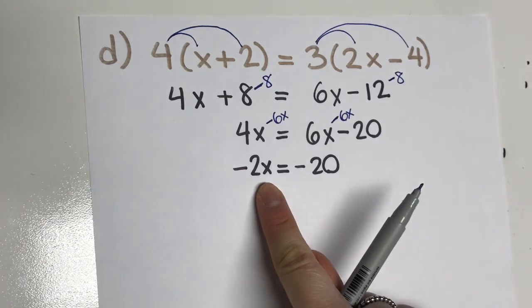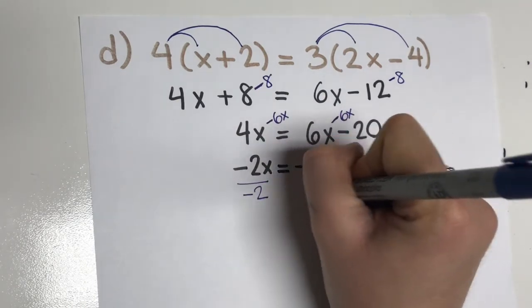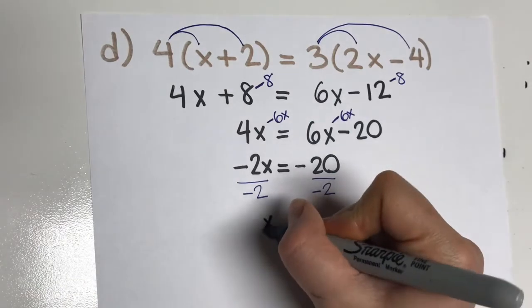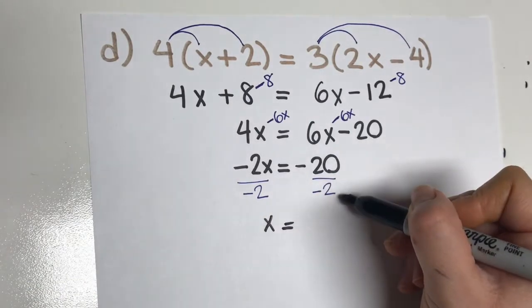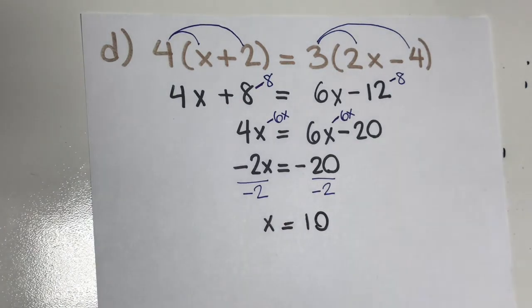Now my operation is multiplication. The opposite of multiplication is division, which means that x is equal to negative 20 divided by negative 2 gives me positive 10. And that's my final answer.